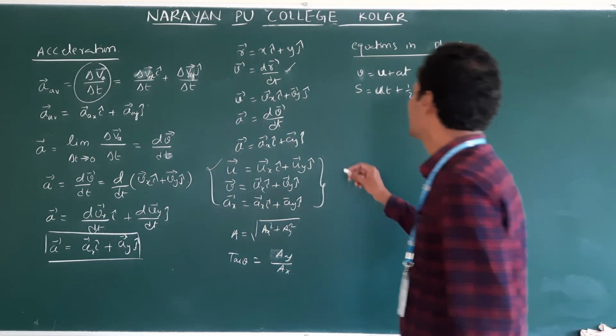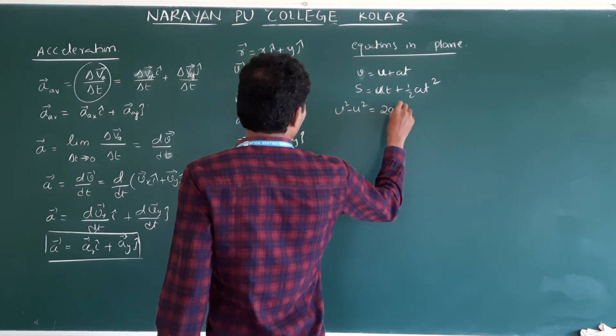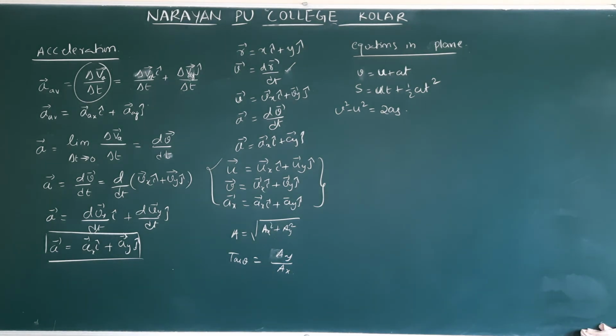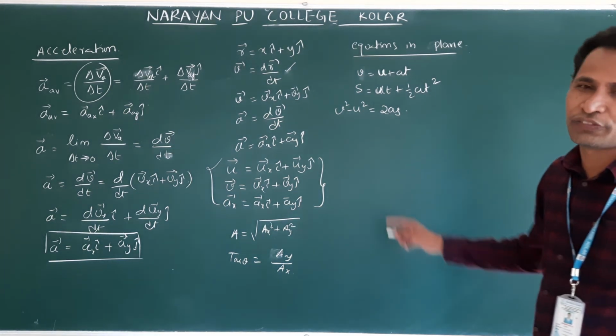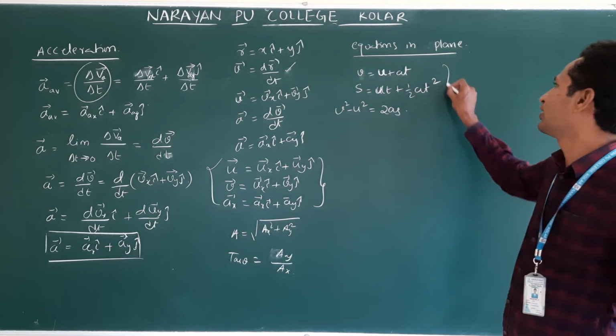And the third equation is v square minus u square is equal to 2as. And Sn is equal to u plus a into n minus half, that is displacement in the nth second. That we don't use here, that's not required. Now these three you are studying, right?